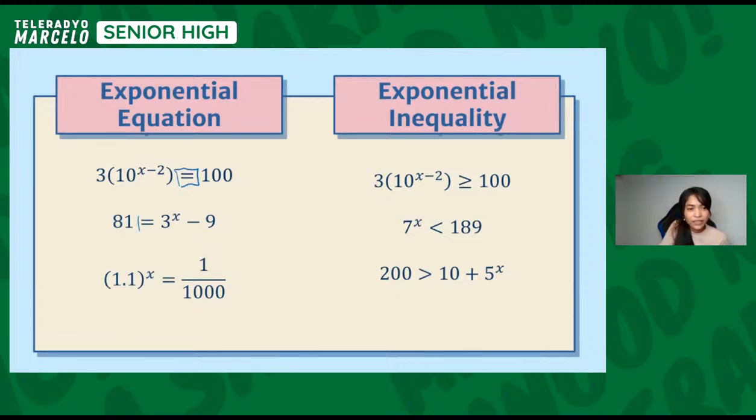All of our examples for exponential equations make use of the equal sign. On the other hand, in exponential inequality, we make use of the inequality symbol, of course. So we have here greater than or equal to, less than, greater than. Also, we can use less than or equal to and not equal to represent exponential inequalities. Okay. So have you noticed those?